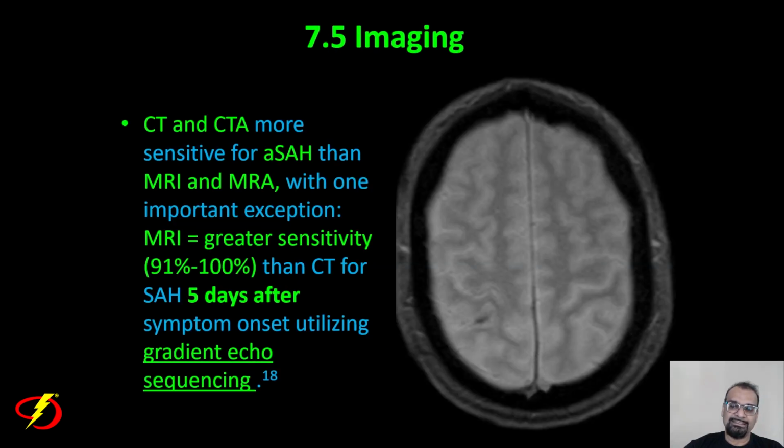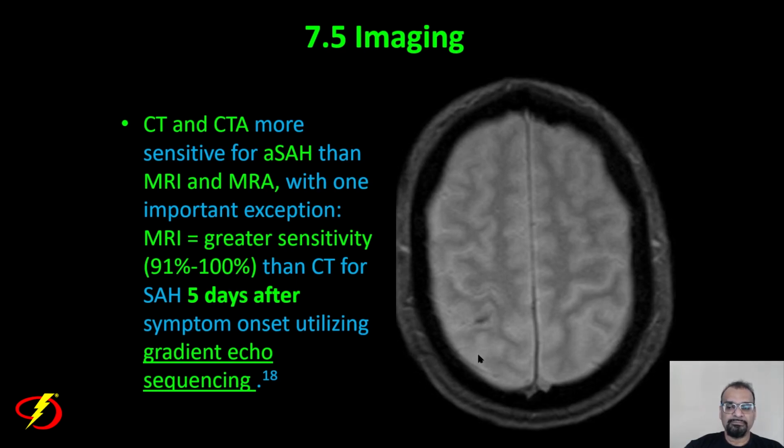Now, CT and CTA are more sensitive for aneurysmal subarachnoid hemorrhage than MRI or MRA with one important exception, and that is if we're imaging for subarachnoid hemorrhage 5 days after symptom onset. And why is that? Because 5 days later, those blood products disseminate and they're hard to see on CT.